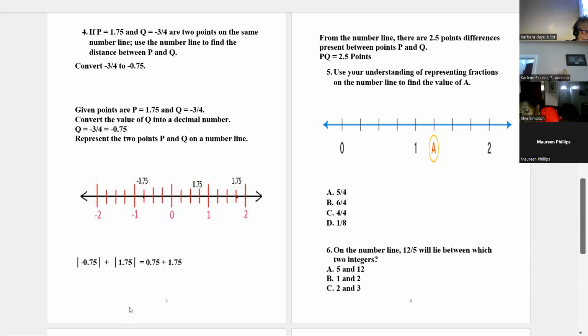Now, when you add these, Alva, what do you get?